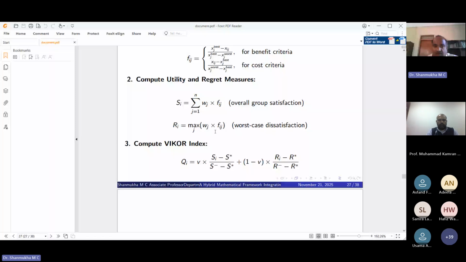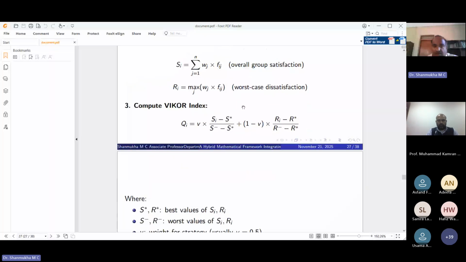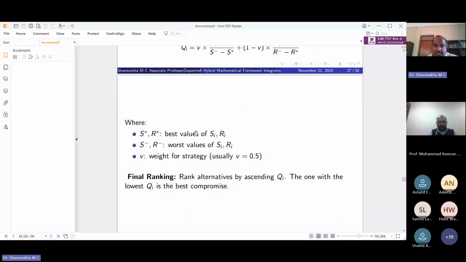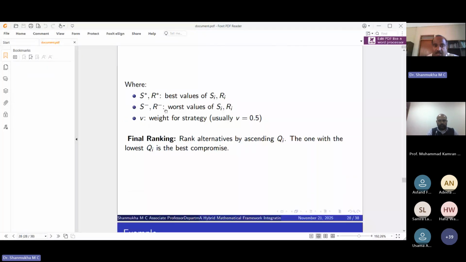Then we compute the index, denoted by Qi, which is equal to V into (Si minus S star) upon (S minus minus S star) plus (1 minus V) into (Ri minus R star) upon (R minus minus R star), where S star and R star are the best values of Si and Ri, and S minus and R minus are the worst values of Si and Ri.